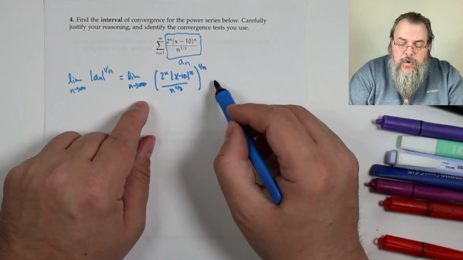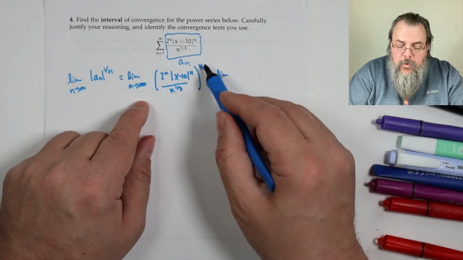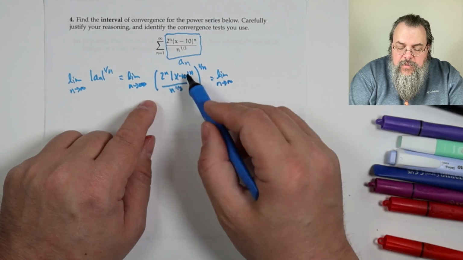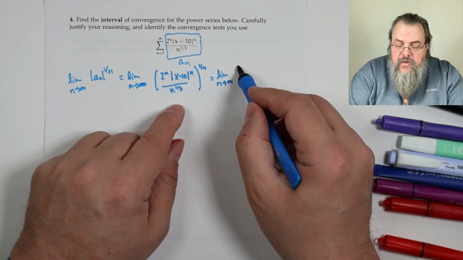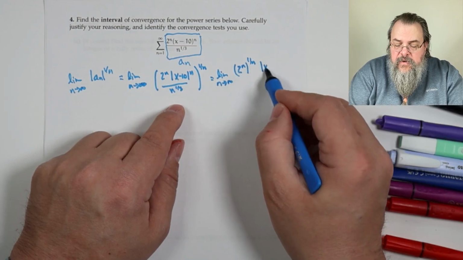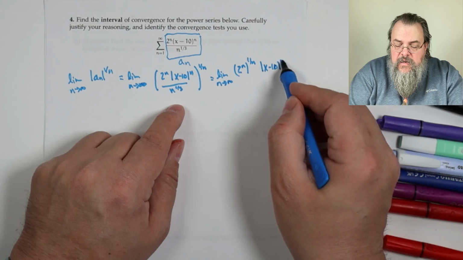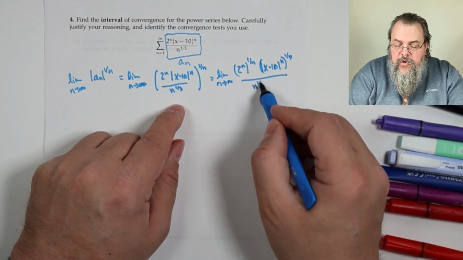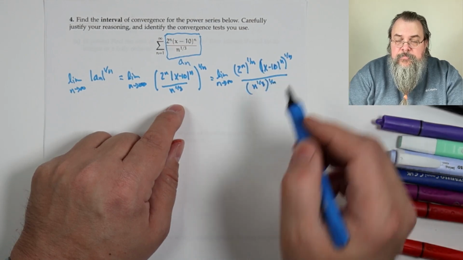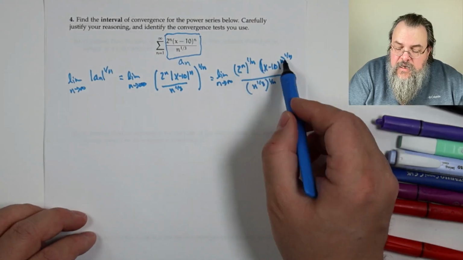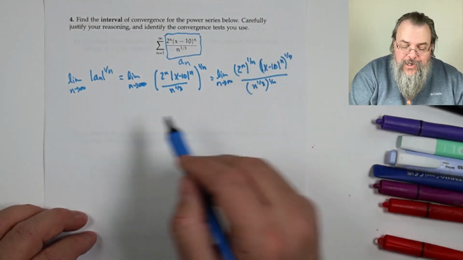Now, we'll go ahead and distribute this 1 over n through, and when I say that, it just means every piece gets a 1 over nth power. So it's 2 to the n to the 1 over n, absolute value of x minus 10 to the n to the 1 over n, over n to the 1/3 to the 1 over n. Now, good news, n to the 1 over n simplifies really clean.